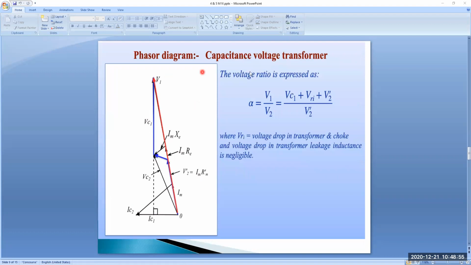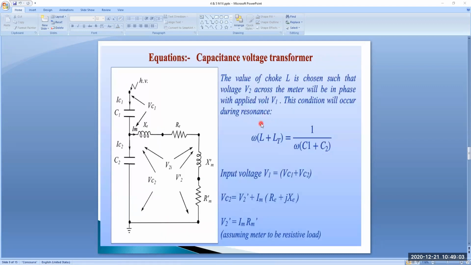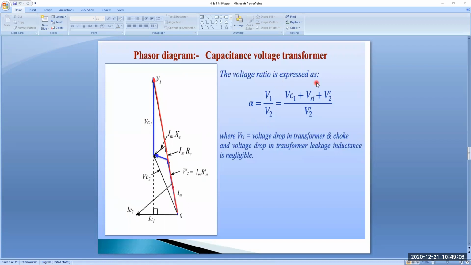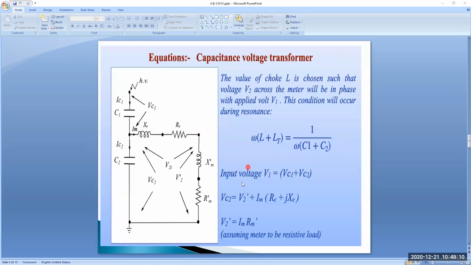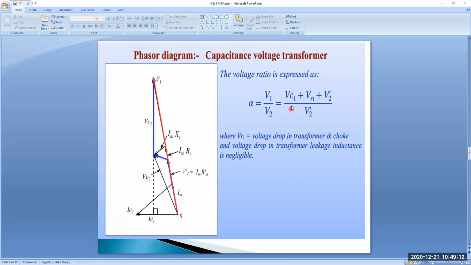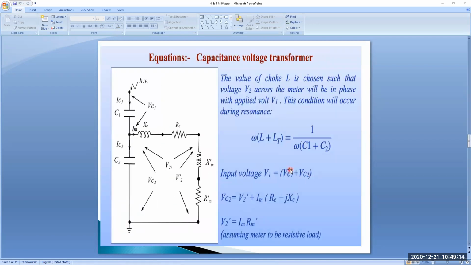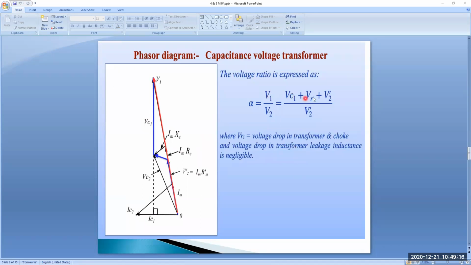And then the phasor diagram. The voltage ratio is expressed as alpha is equal to V1 by V2. V1 is the total voltage, V1 is equal to VC1 plus VC2.